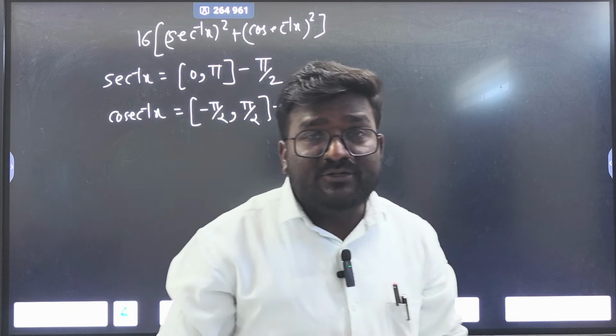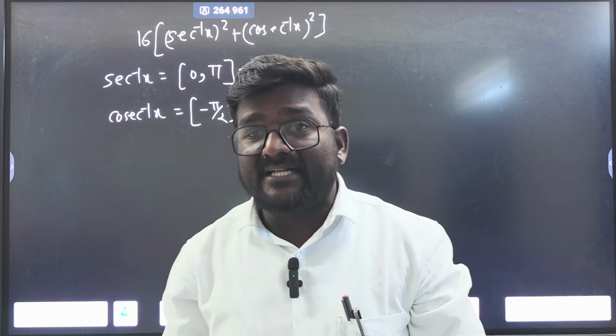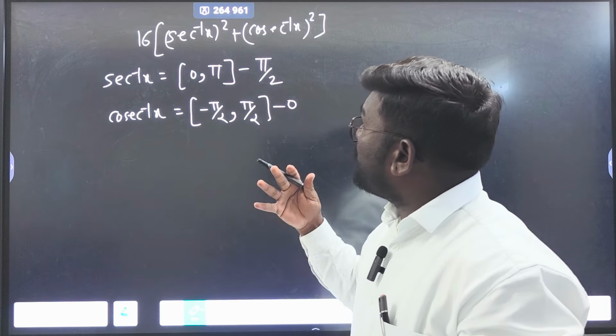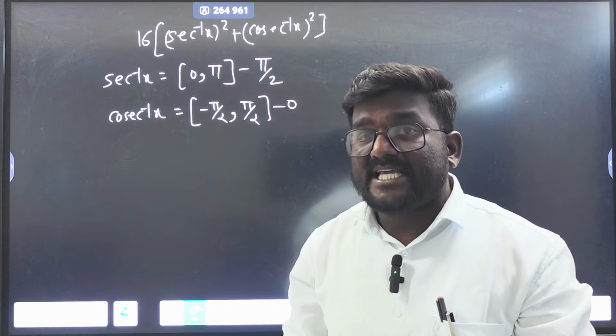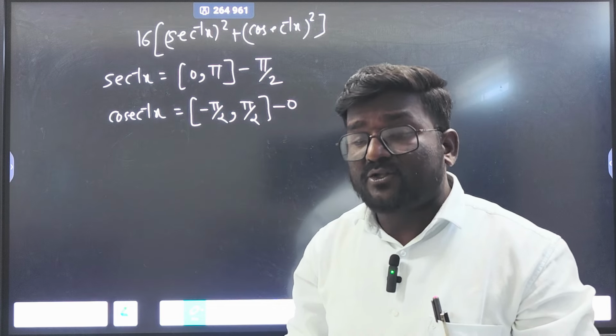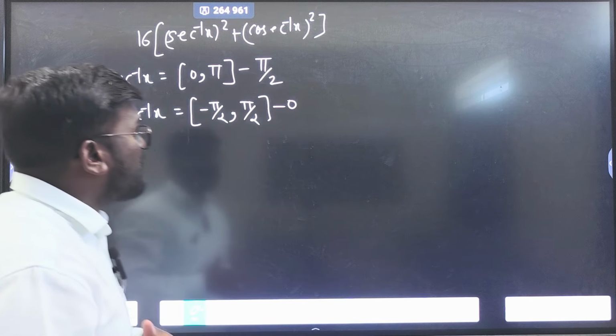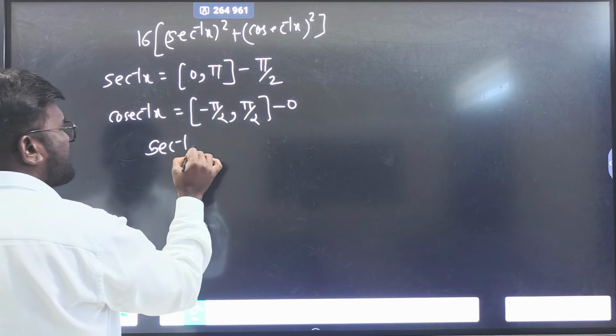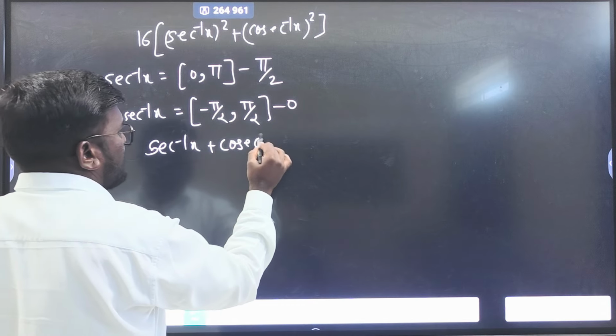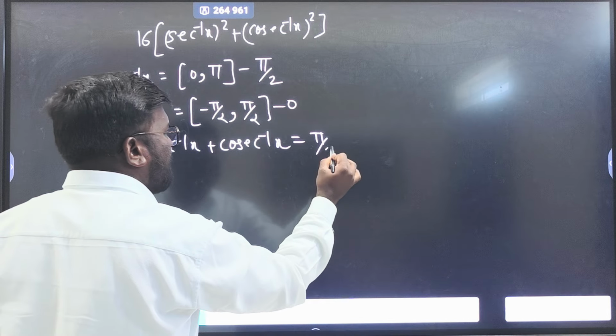One more thing you already know is the formula: sec inverse x plus cosec inverse x equals pi by 2. That formula we are going to use here.